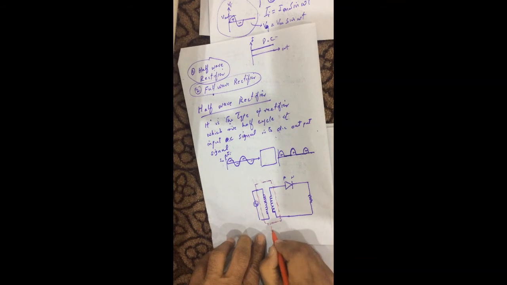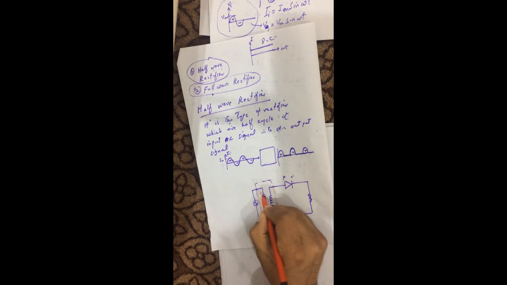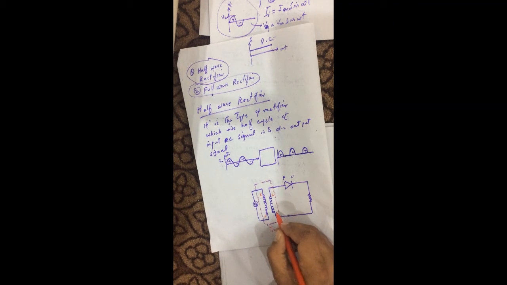This is the transformer. This is the primary coil of the transformer. We call it P1 and P2. And this is the secondary coil, S1 and S2.